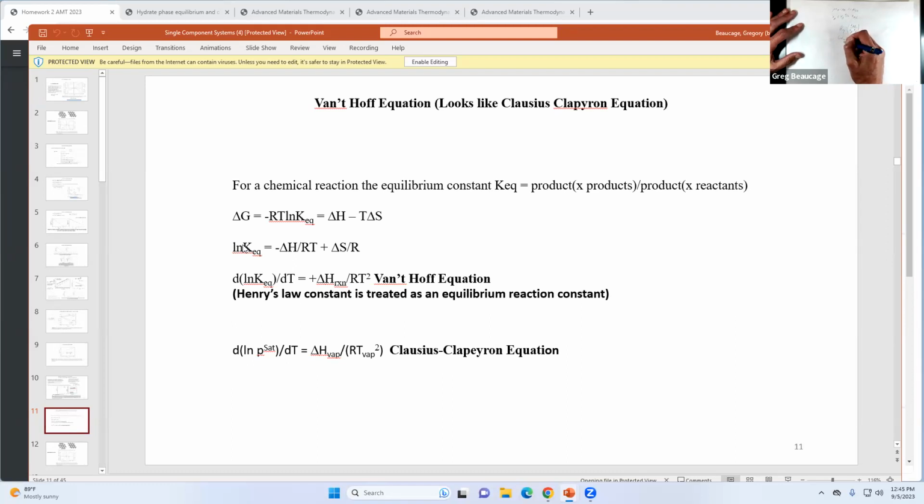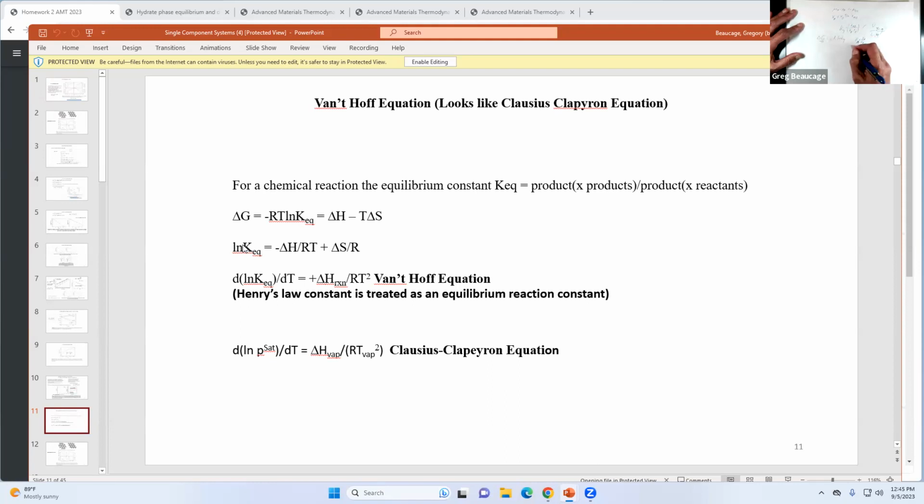Right. So R times ln of that K equilibrium is the change in the free energy for the chemical reaction. So if you have XA and YA, the liquid and the vapor, and it's Henry's law and it's escaping out, then you just swap out so the product is going to be this YA. So Henry's constant for A is going to be Y, the vapor phase, over the solution phase.